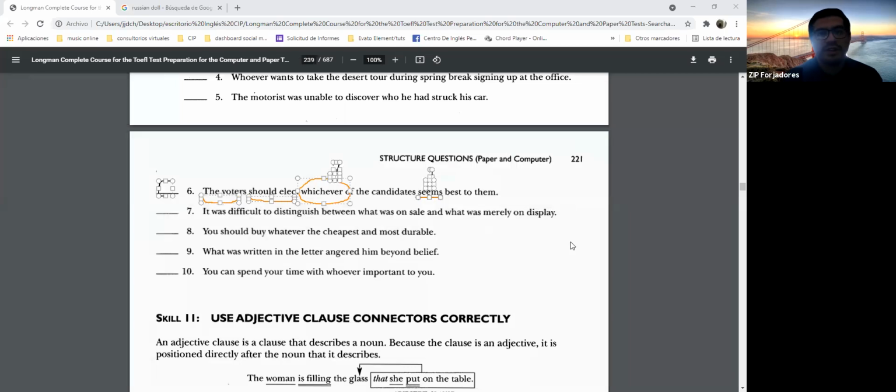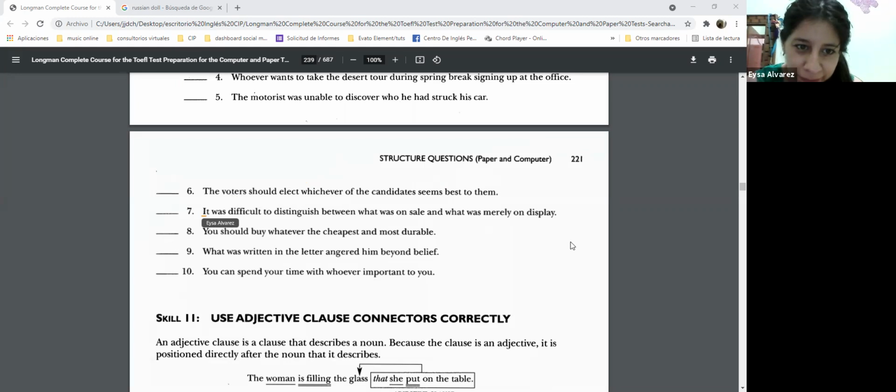Let's go with number 7. We have a noun clause, subject, was, action. What do we have here? Here we have an action.